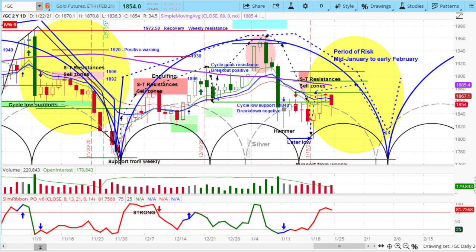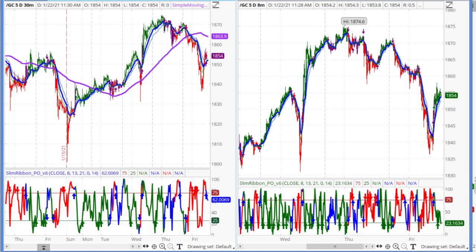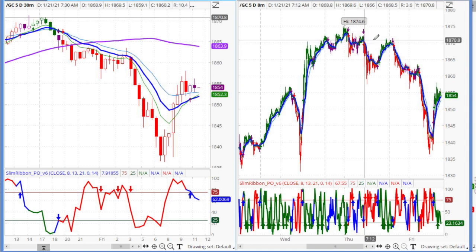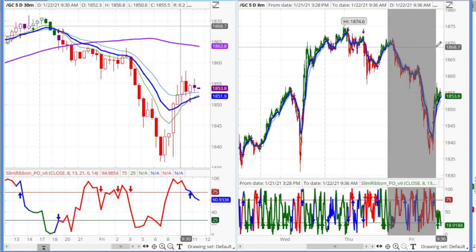If you're just watching this clip and not watching the whole show, please go back and watch our tools for text. But what I want to do is go back to that multiple time frame chart where I showed the ES right here, and I'm going to put up /GC so that you can see in here a very similar thing to what we talked about in this overnight pattern where the market fell.